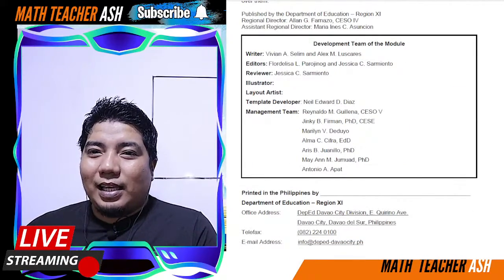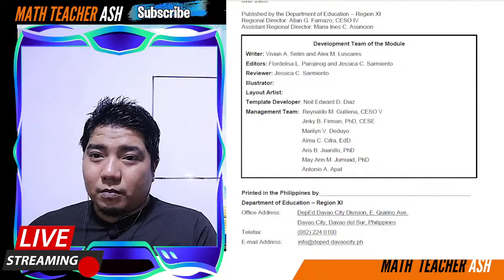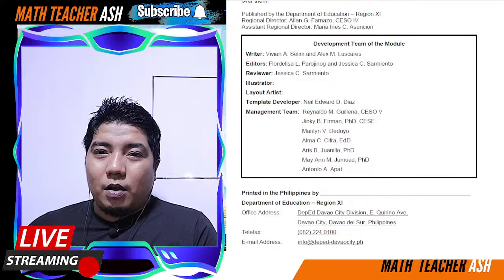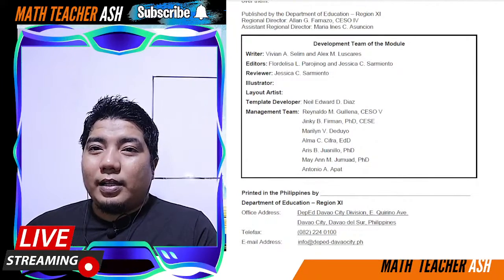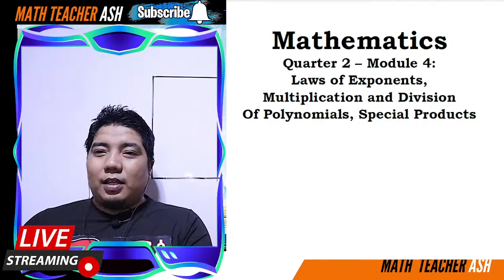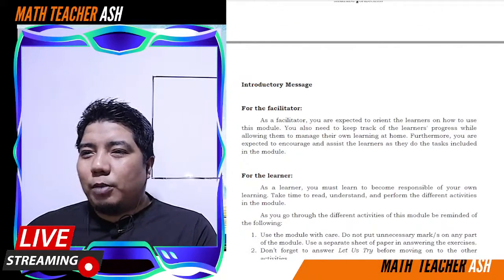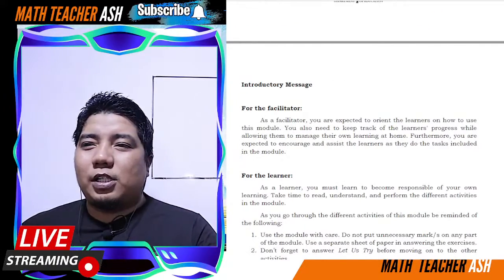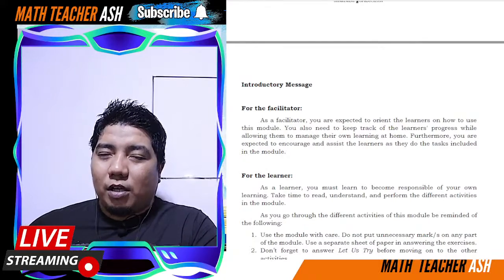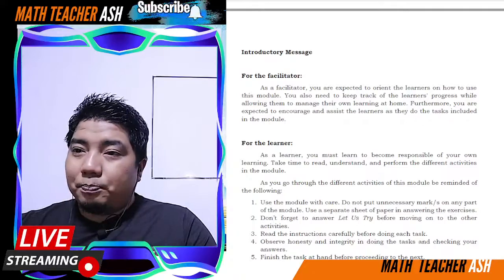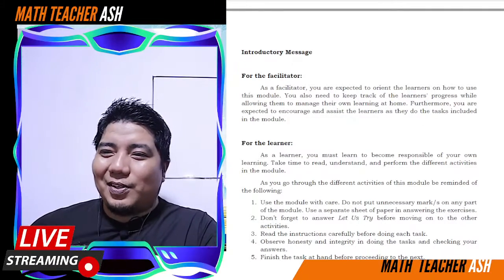The next page for that will be the title page. Alright. And then we also have the 4th page, which is the introductory message for our facilitator, the teachers, as well as for our students, which is kayo. Okay.